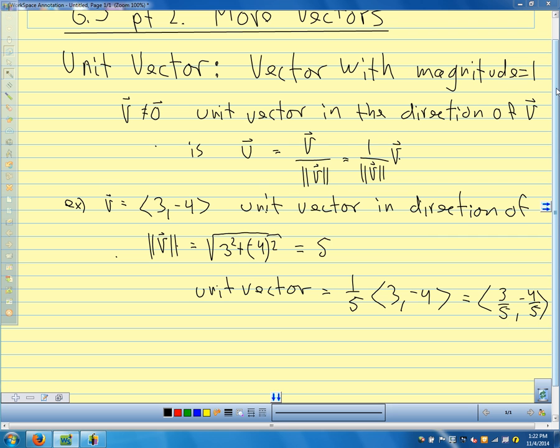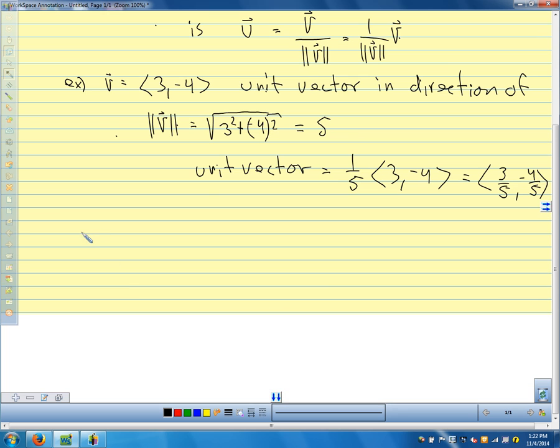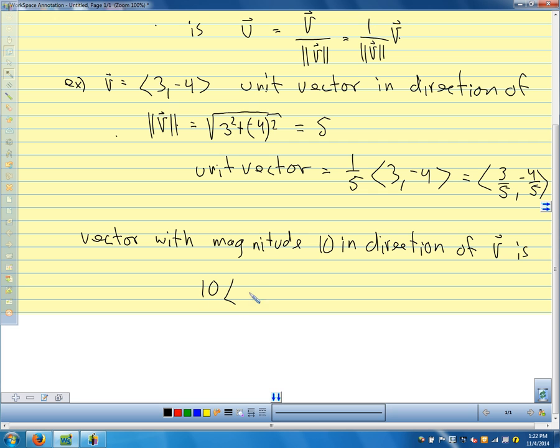So a vector with magnitude 10 in the direction of v is 10 times the unit vector: 10 times 3/5, negative 4/5. The magnitude of this vector is 1, and we multiply that by 10.